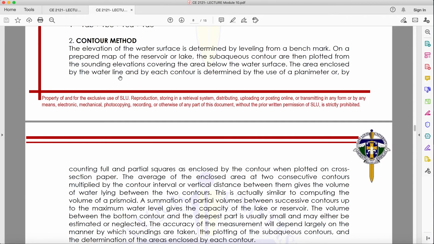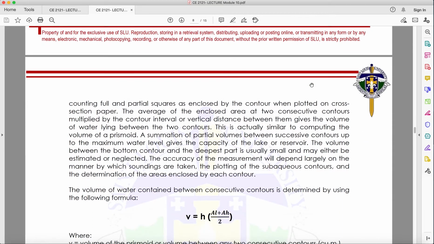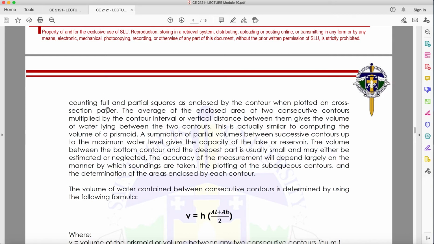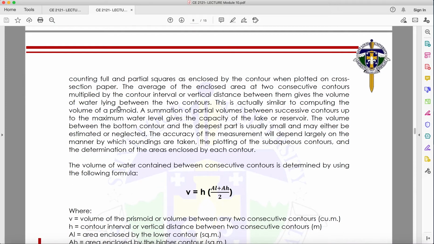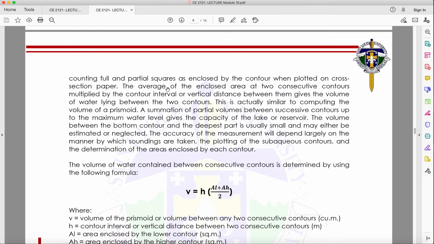The area enclosed by the water line and each contour is determined by the use of a planimeter, or by counting full and partial squares enclosed by the contour when plotted on cross-section paper. The average of the enclosed areas at two consecutive contours multiplied by the contour interval, or vertical distance between them, gives the volume of water lying between the two contours. This is similar to computing the volume of a prismoid.